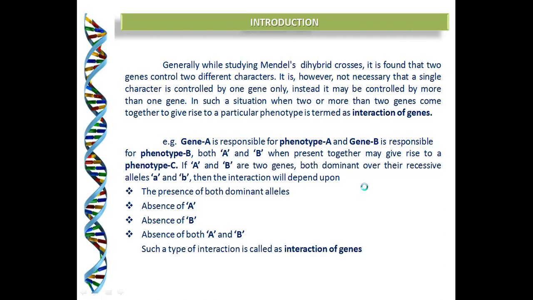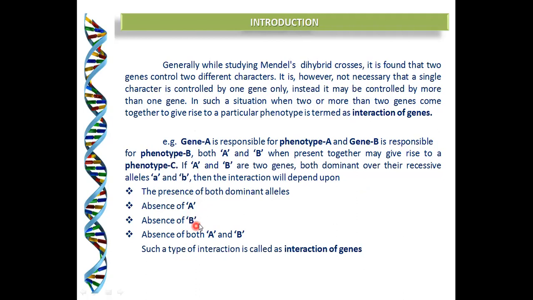But if any one of them is absent, for example if the dominant A gene is absent, so the dominant B gene will be present, then we will not get this phenotype C. We will get phenotype B only, because B is dominant here.